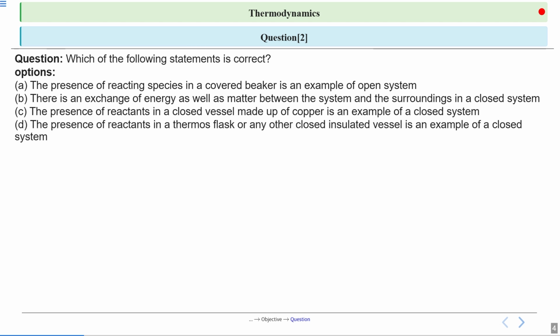Now, it's a very basic one. Directly from the types of system, we have seen that we have 3 types of system on the basis of exchange, which are open, closed, and isolated. If you know the definition, you are good to go with this question. Your time starts now.